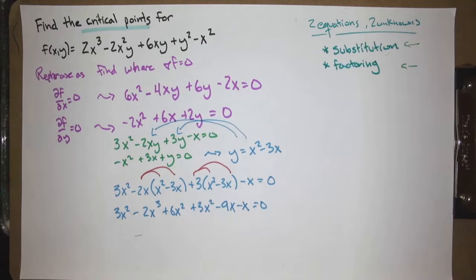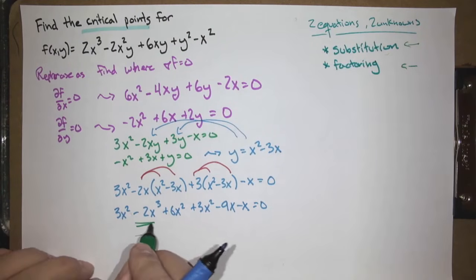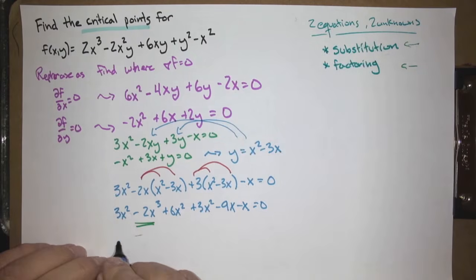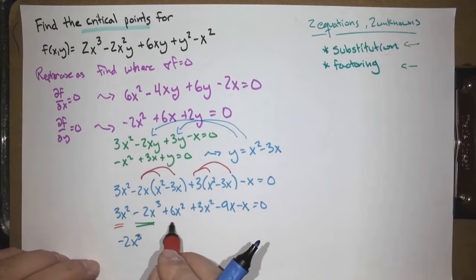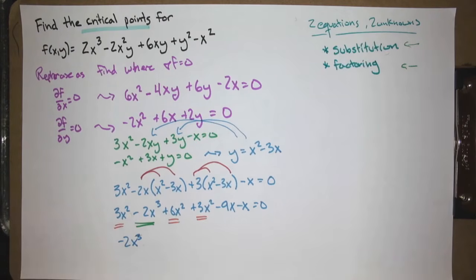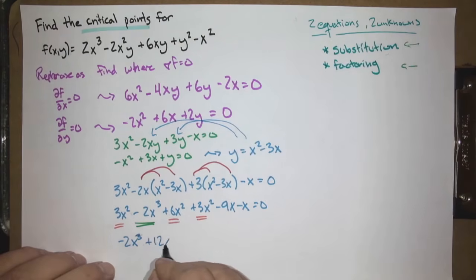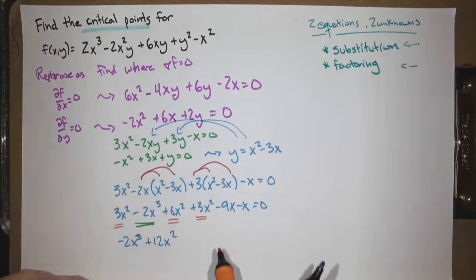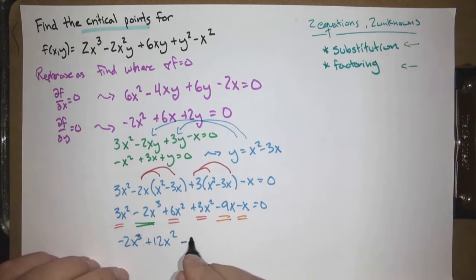Well, we group. For the x cubes, we just have the single minus 2x cubed. For the x squareds, we've got a 3x squared, a 6x squared, and a 3x squared. If we put those together, that gives us 12x squared. And then for the x's, we've got a minus 9x and a minus x, which makes a minus 10x. All right, so we just have to factor a cubic and we're done.